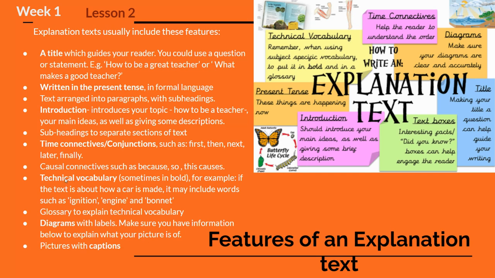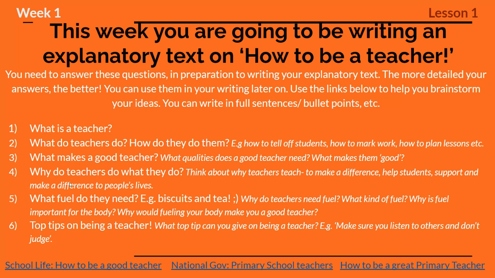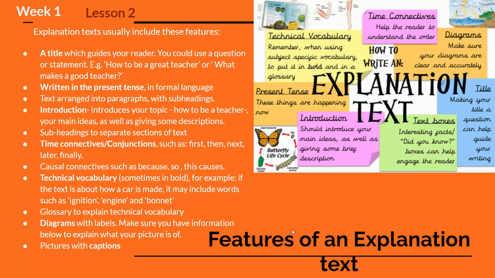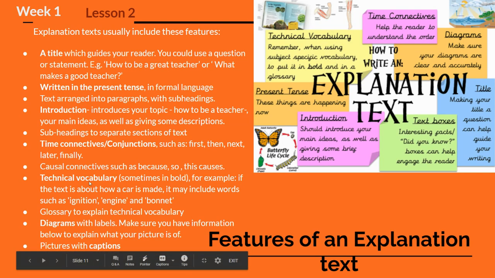You've also, as I said, got that technical vocabulary. That's really important, particularly when you're writing an explanation text. So that's when you could use these 3 websites below. When you're looking through them, please go through them again now. Write down some key vocabulary. That technical vocab means basically key vocab.